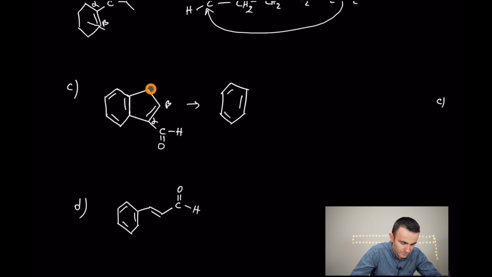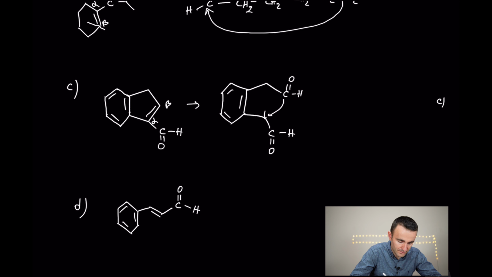So 1, 2 carbons, here has been a carbonyl group. And on this side, 1, and this carbon here. So this is going to be the starting material, and this has attacked this hydrogen here to make the cycle, right?